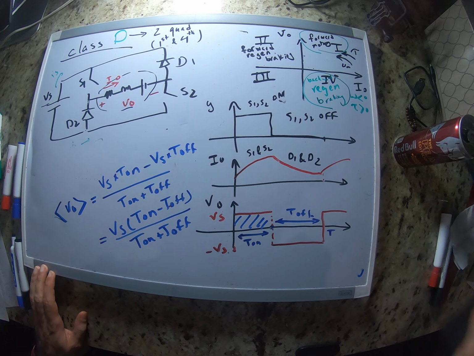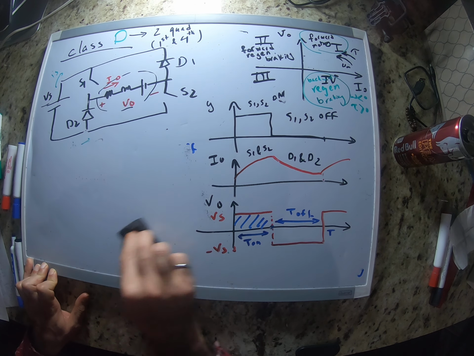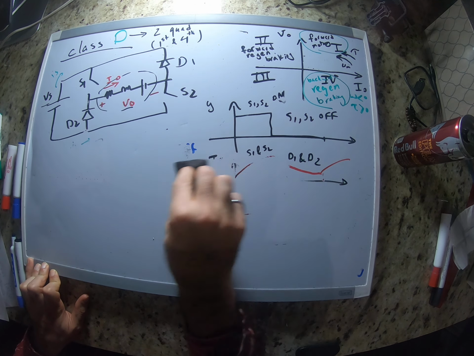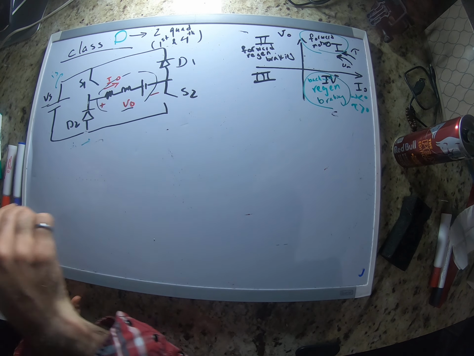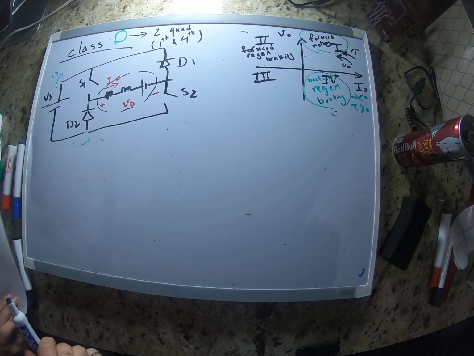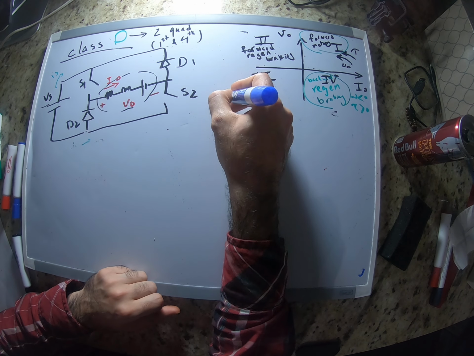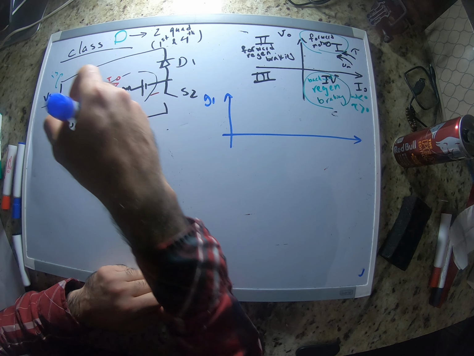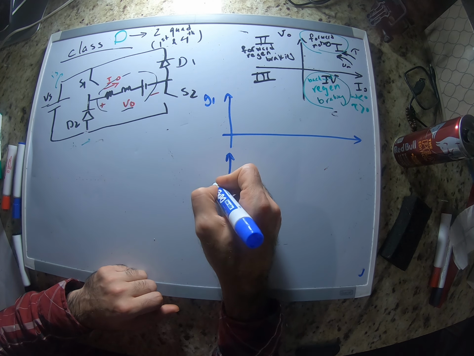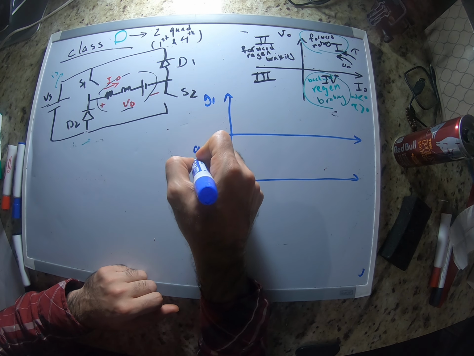Now, I want to have one example and ask you if you can figure out how this circuit operates. Let's say we have this is gating for switch 1 and this is gating for switch 2, right?